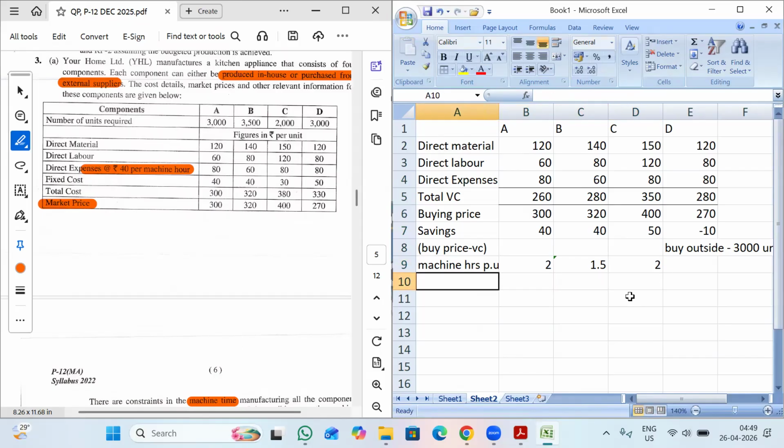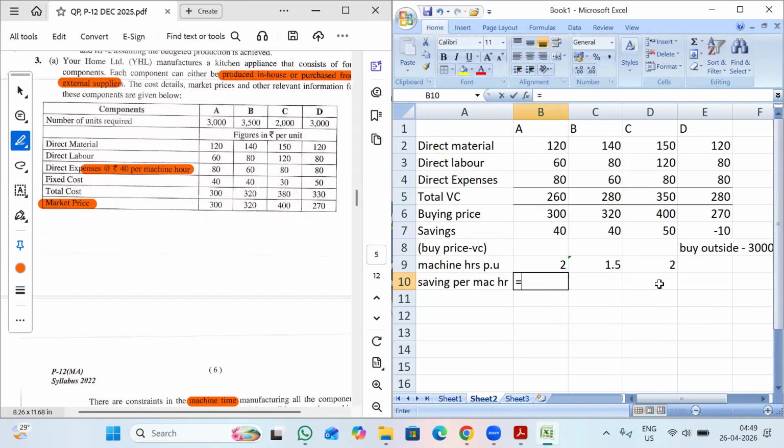So let's calculate savings per machine hour, that is savings divided by the number of machine hours required per unit.